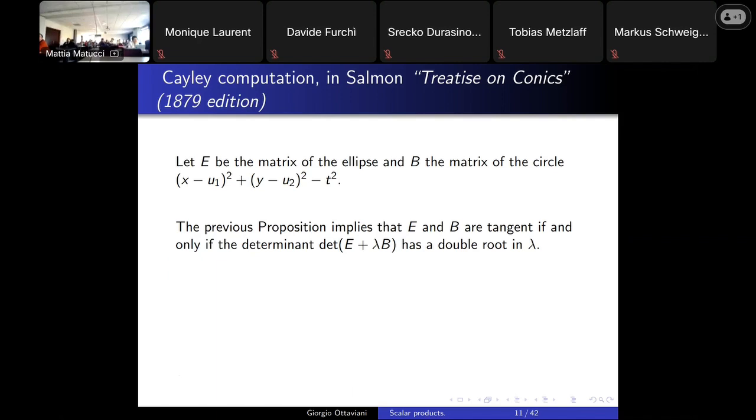You can think of this in this way. You have here u1, u2, and a radius t, and you want to understand when you are tangent to a given conic.